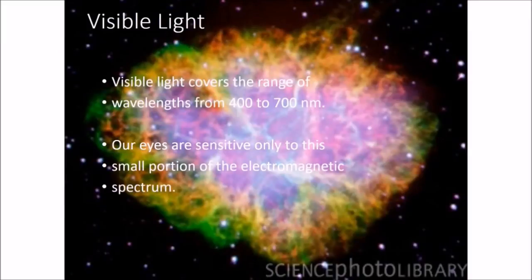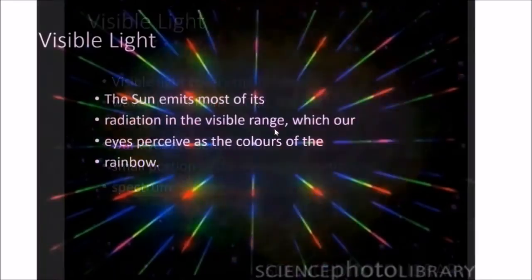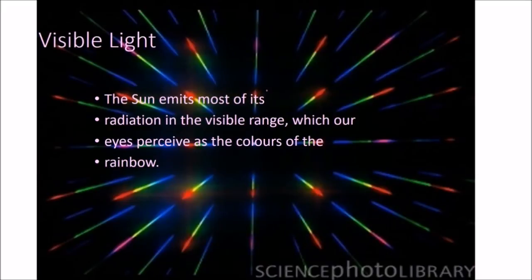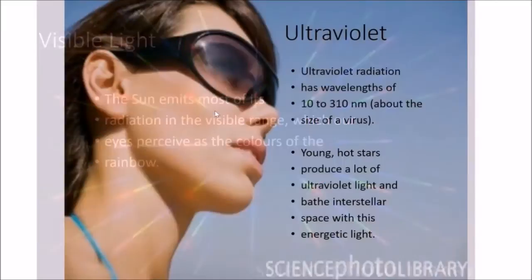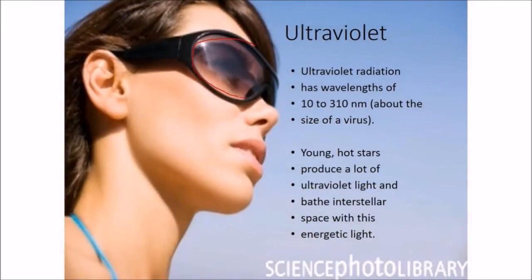Then comes the visible light. Visible light covers the range of wavelength from 400 to 700 nanometer. Our eyes are sensitive only to this small portion of the electromagnetic spectrum. The sun emits most of its radiation in the visible range, which our eyes perceive as the colors of the rainbow. Ultraviolet radiation has a wavelength of 10 to 310 nanometer, about the size of a virus.